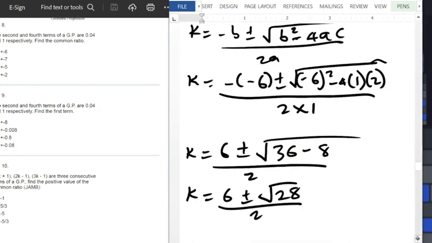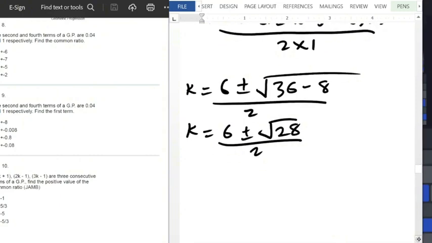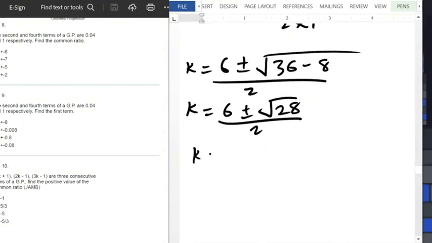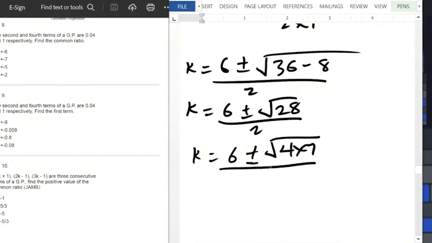So we have k equals 6 plus or minus square root of 28 all over 2. Square root of 28 is square root of 4 multiplied by 7, all over 2.